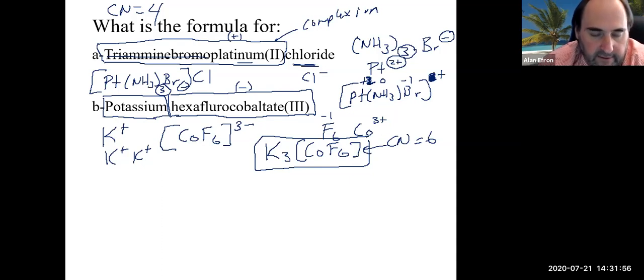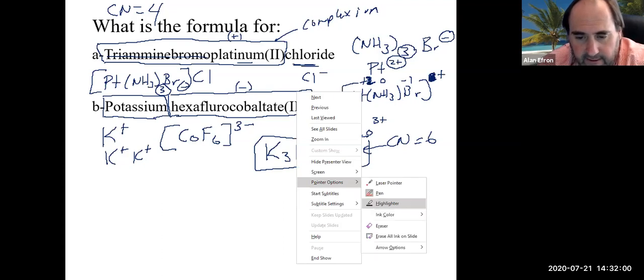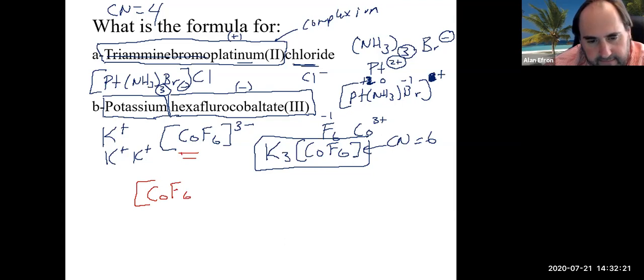Before we leave the conversation of naming and formulas, let's talk about what you should do if you don't have the coordination compound or the formula given to you, and it's really just a complex ion. For example, we have this one sitting right here, and this was all that you were given. How would you go about naming just that?